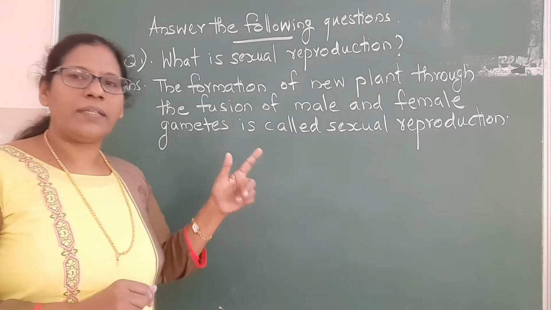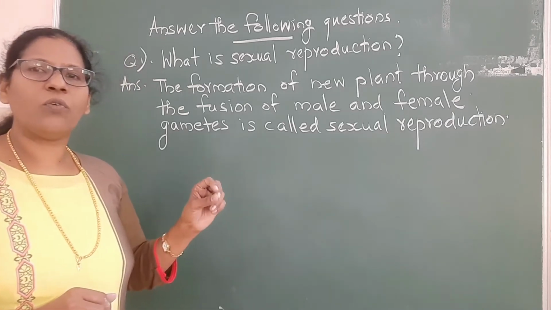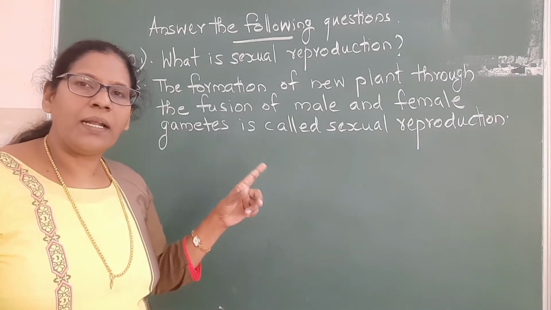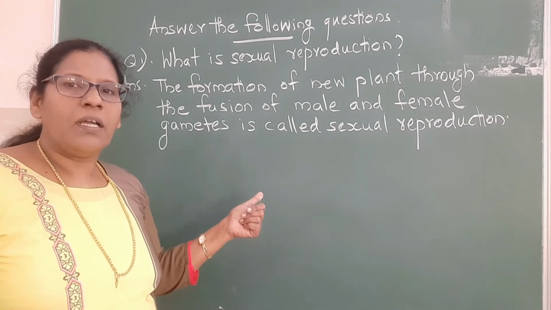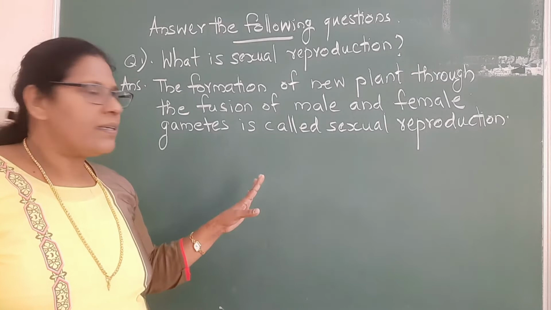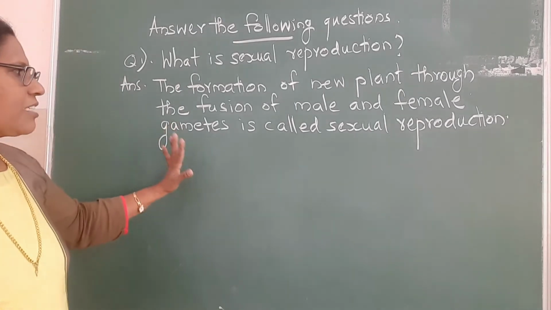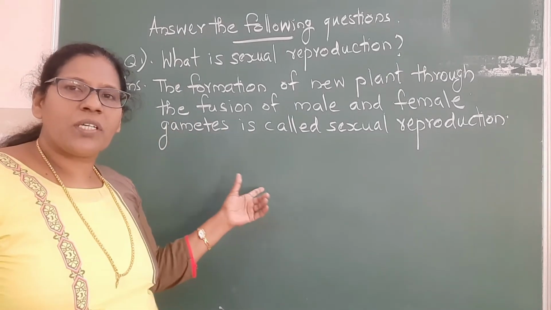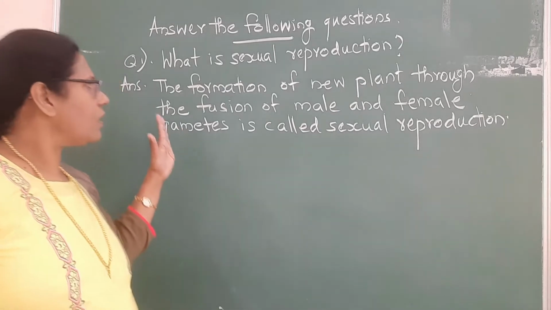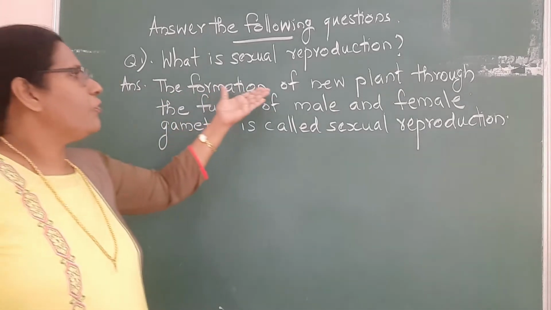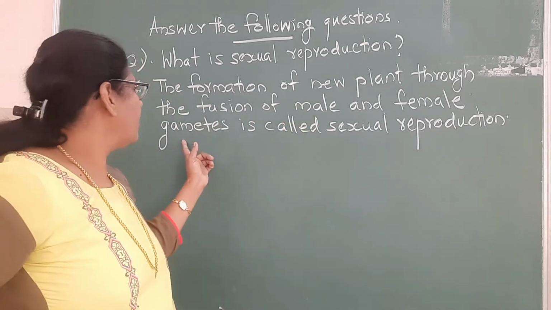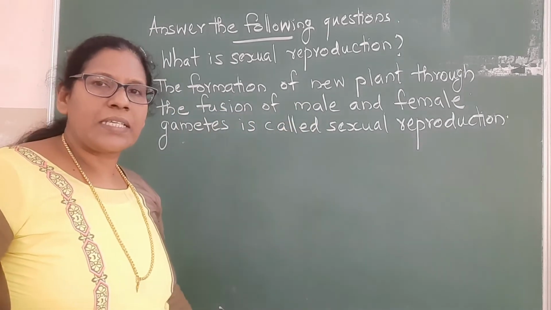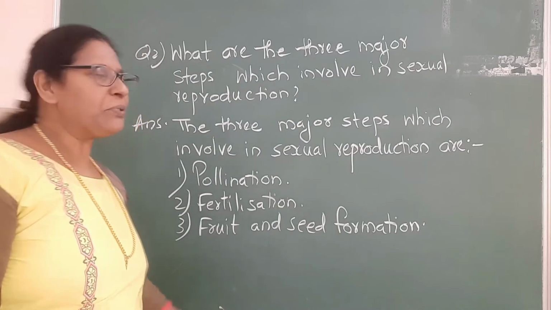Inside the ovary there is ovule, inside the ovule there is female gamete. There the male gamete fuses with the female gamete and then fertilization takes place, or the sexual reproduction takes place. So that is what it says here: the formation of new plant through the fusion of male and female gamete is called sexual reproduction.